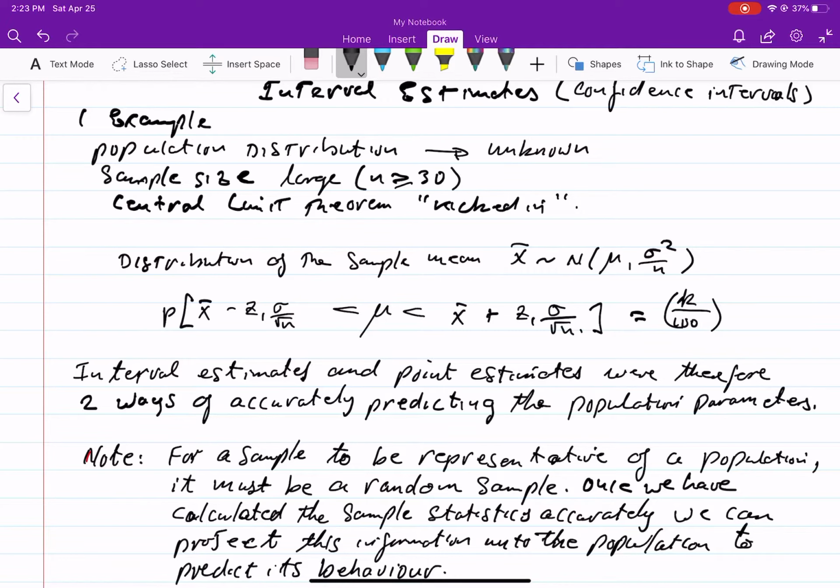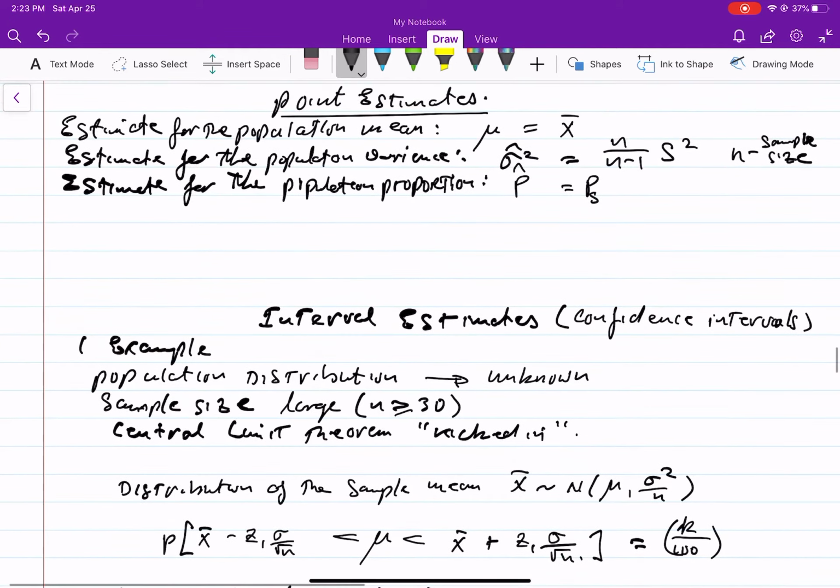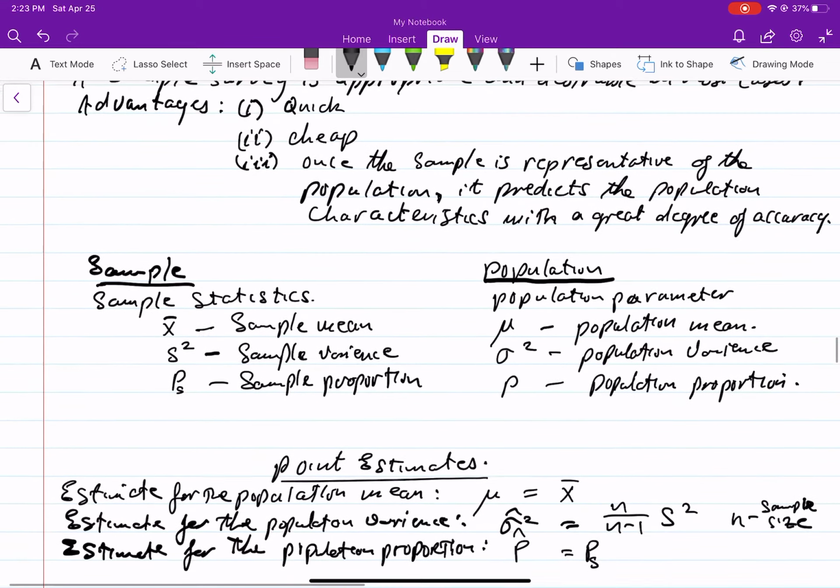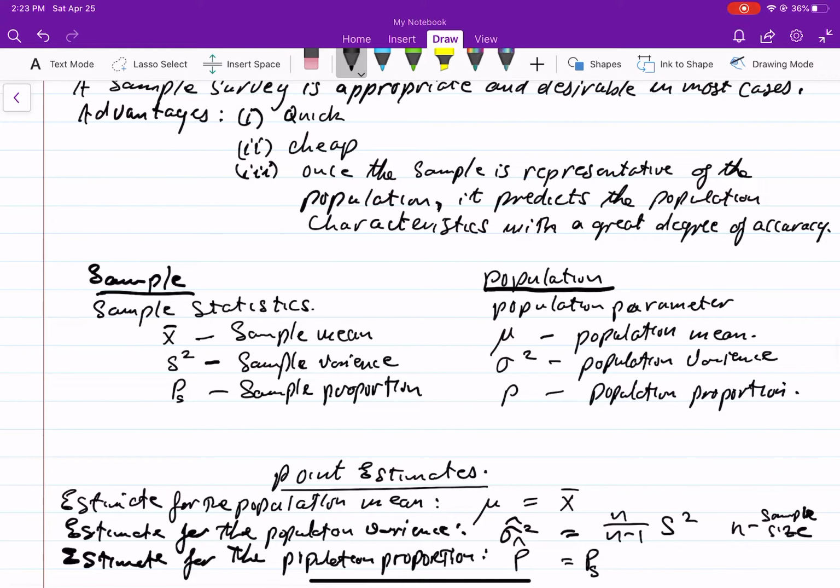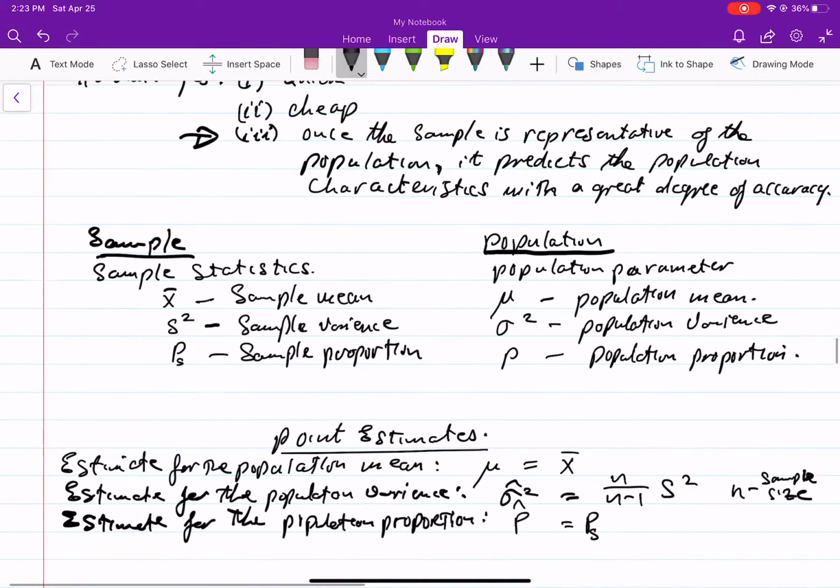All right, if we were to summarize this idea now, interval estimates and point estimates were therefore two ways of very accurately predicting population parameters. That was the gist of this entire discussion, right? That it fell onto this third scenario here, where we said once a sample is representative of the population, it predicts the population characteristics with a great degree of accuracy.